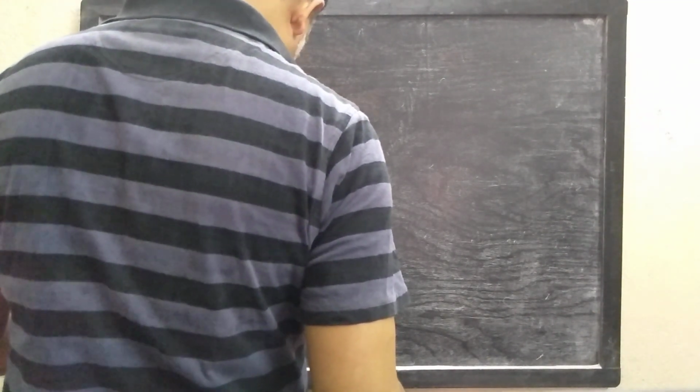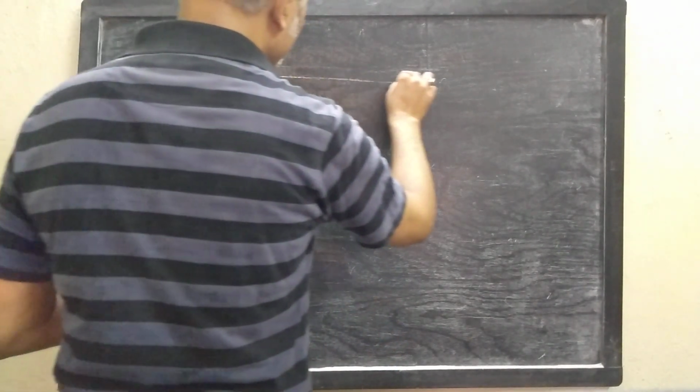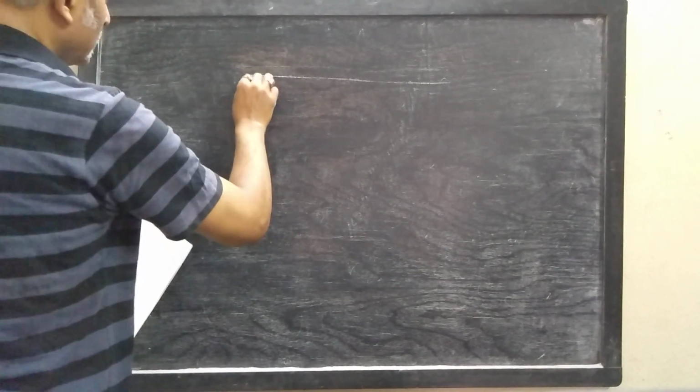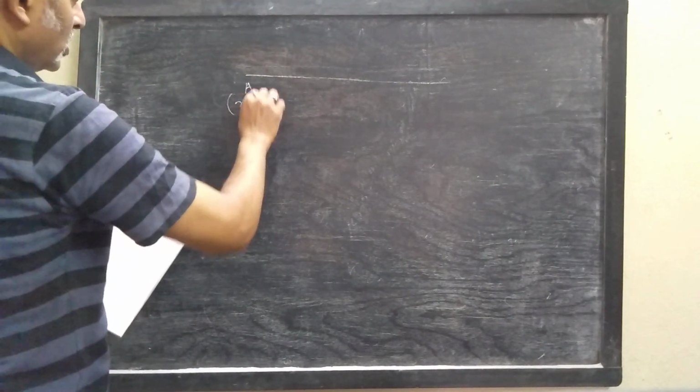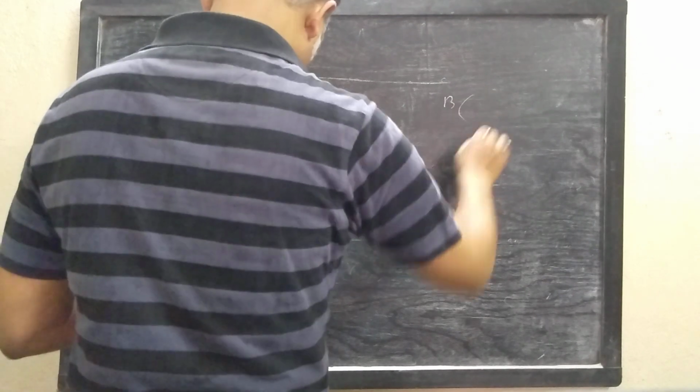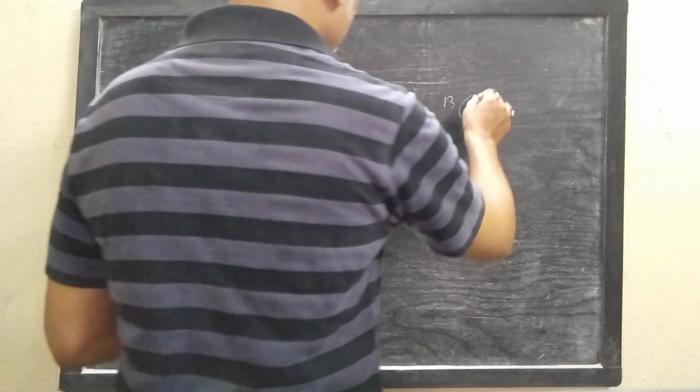Let us draw the diagram. The terminal points are A(3, 4) and B(7, 8).